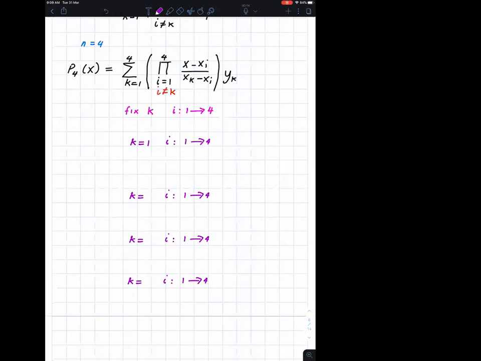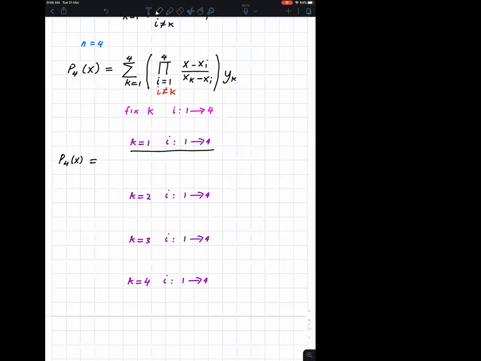So you're going to do this like k=1, k=2, k=3, and k=4. Okay, the polynomial P4(x) is equal to, okay, let's do it for k equal to 1, as i goes from 1 to 4.